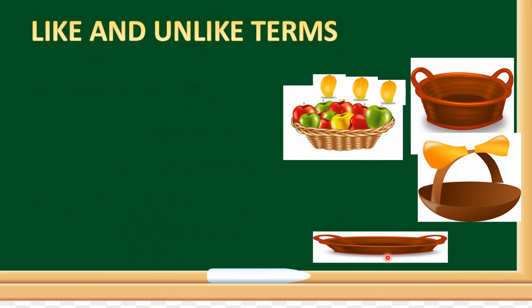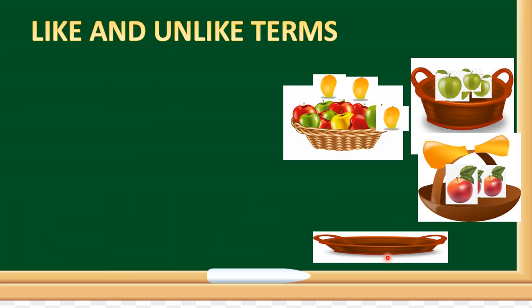You will take green apples one by one and keep them in a basket. Similarly, you will take red apples one by one and keep them in a basket, and in the same way you will keep the mangoes in a single basket.